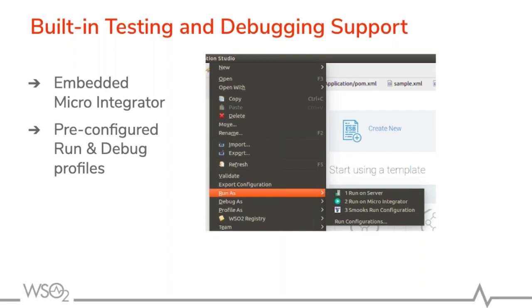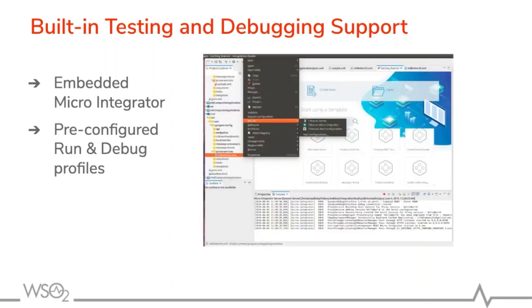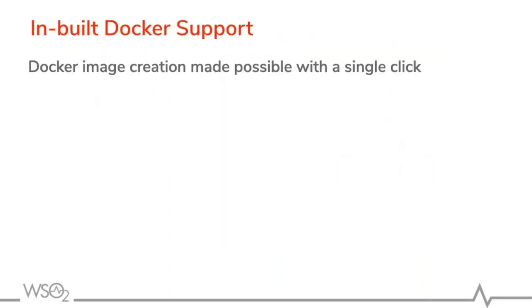You just have to click on your project and select to run it on the micro integrator. Then you would be able to see that the micro integrator profile has started, and you should be able to invoke the services you want and test them without having to go out of the integration studio.